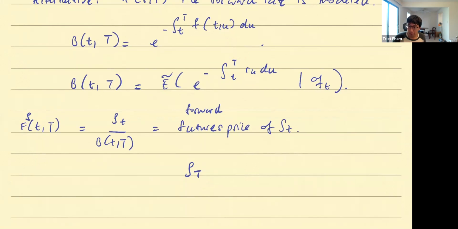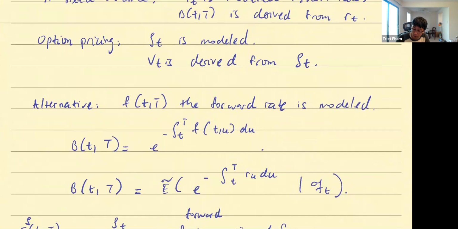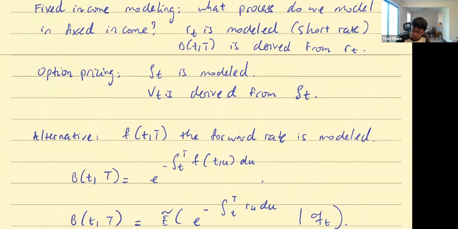I did not go into this too much, but the point of view is you can model the regular stock price, or you can model its futures price. We never really play around with modeling the futures price, but we can. So from the fixed income point of view, you can model the short rate, or you can model the forward rate.